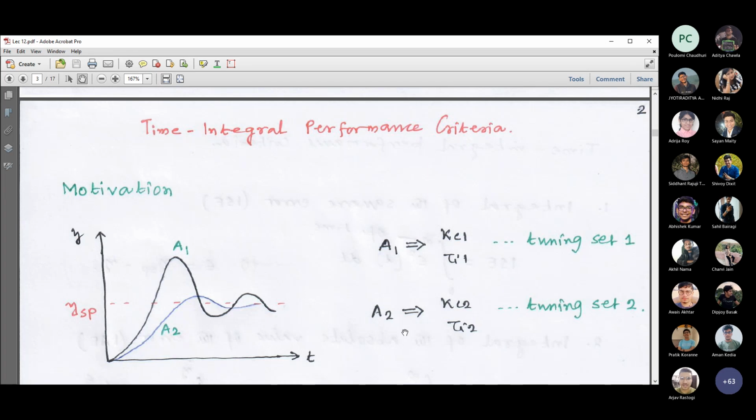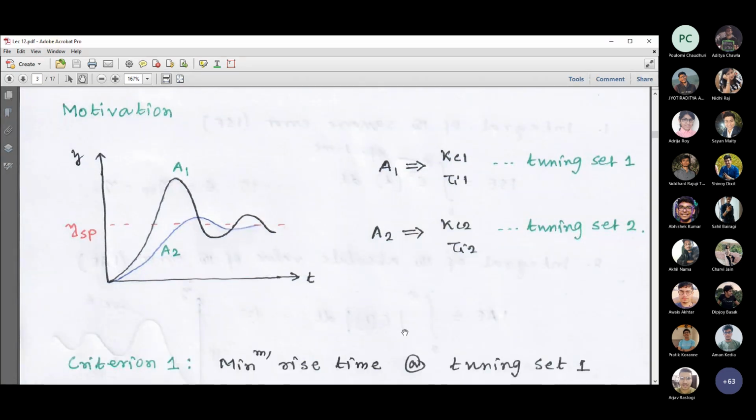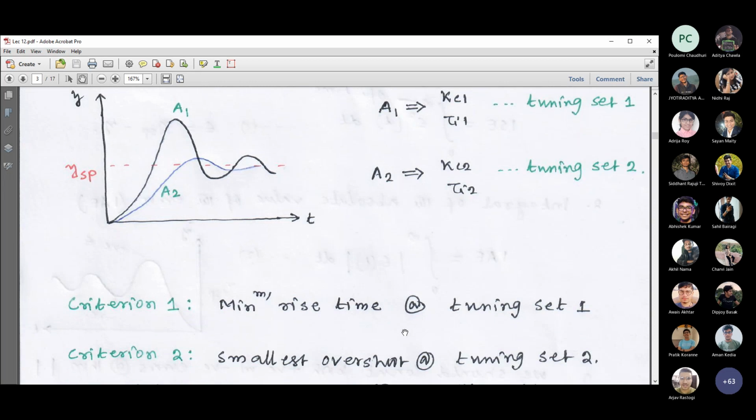It is reaching the ultimate response for the first time with a minimum time in case of A1. Now, can you give me the answer for tuning set 2 or A2? Which one is smallest? Sir, overshoot. Overshoot is smallest.